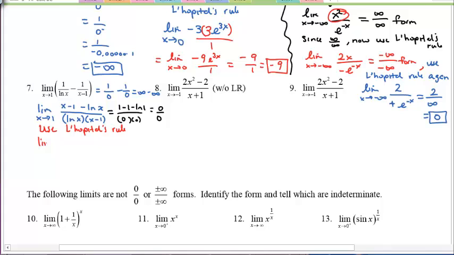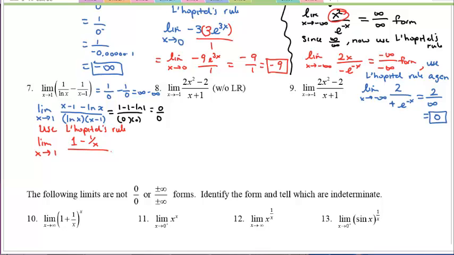And now please take the derivative of the numerator. The derivative of x is 1. The derivative of 1 is 0. The derivative of ln x is 1 over x. And in the denominator, I see two things multiplied together. That's right, product rule. A prime b plus b prime a.